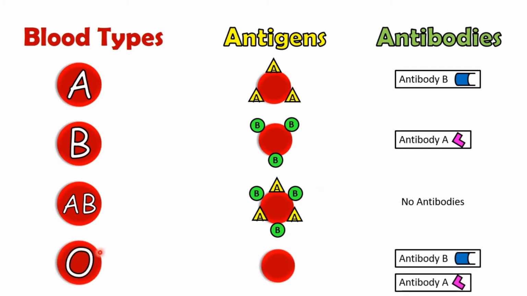For the last blood type, which is O, there are no antigens here. But in the antibodies, it will have antibody B and also antibody A.